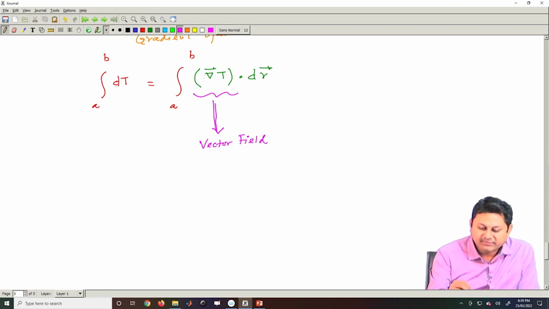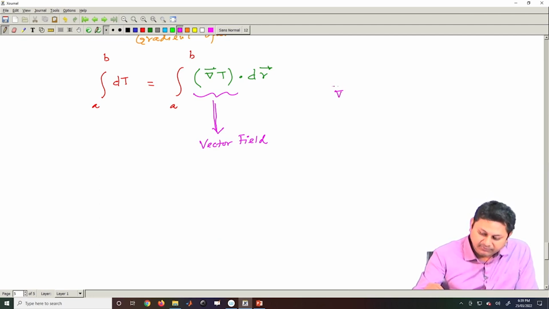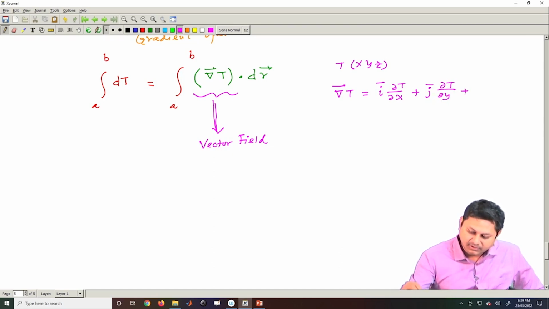And we know that when we have integration of a vector field over dr and integrate along certain lines, it gives simply a line integral. So, you should be very careful. So, what is this operator then? T is a function of x y z, and then I have j del y partial derivative and k del z.